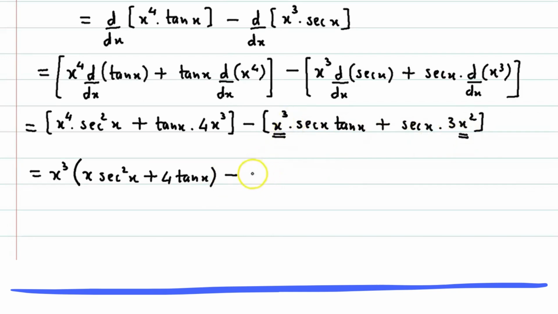So this could be written as x square into sec x into, the remaining terms would be x into tan x plus, now sec x and x square are already taken common, so we are left with 3. So x tan x plus 3. So this is the value for dy by dx.